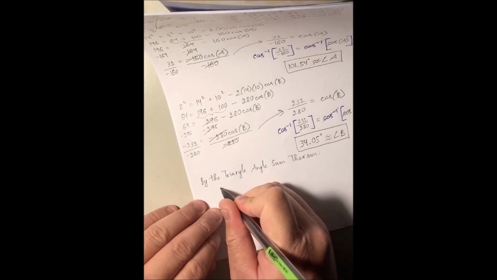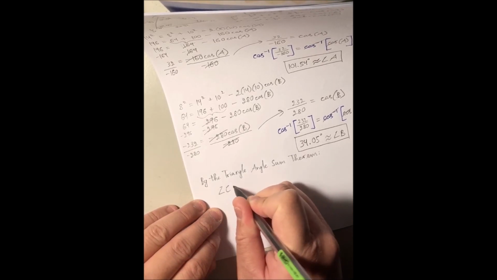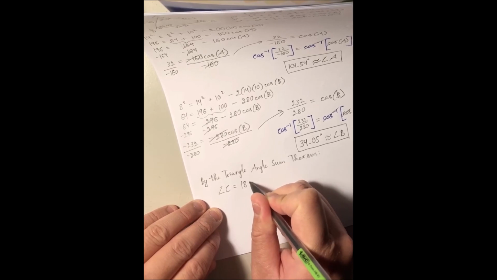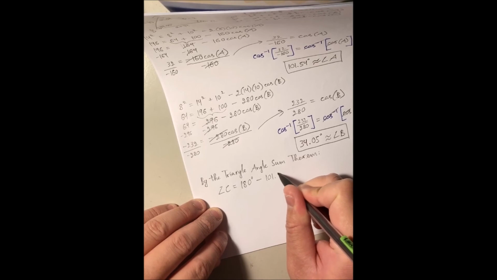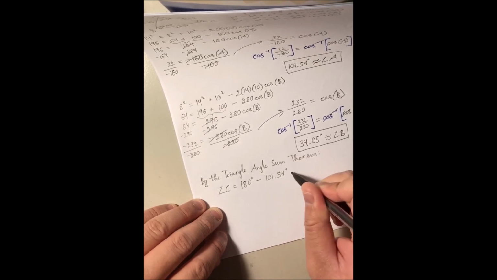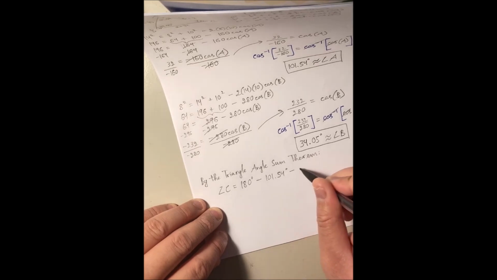I'm going to have angle capital C equal to 180 subtract 101.54 subtract 34.05. Sorry, little brain fart right there.